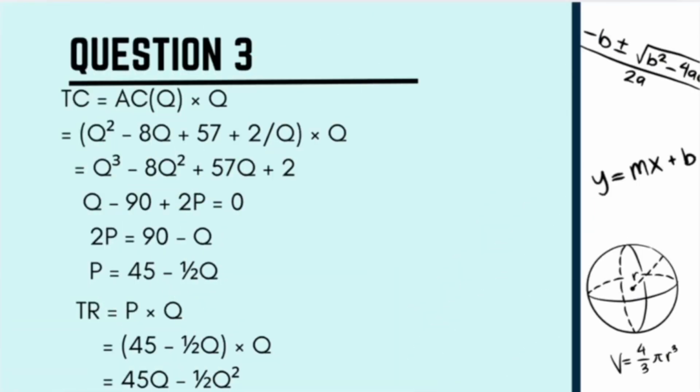To begin, we first derive the total cost function by multiplying the average cost by output Q. This gives the total cost function as Q cubed minus 8Q squared plus 57Q plus 2.